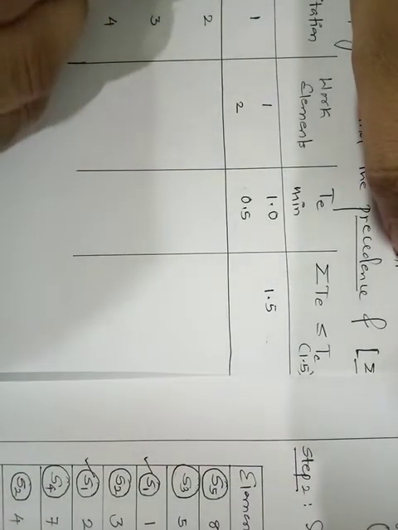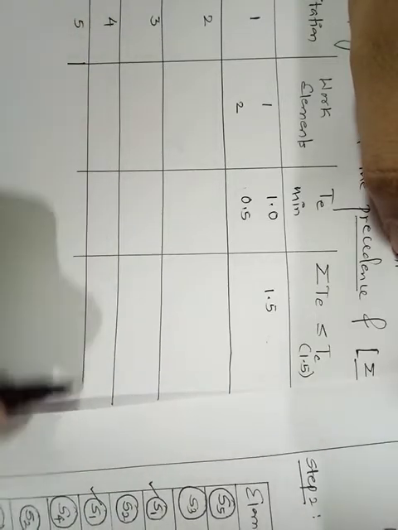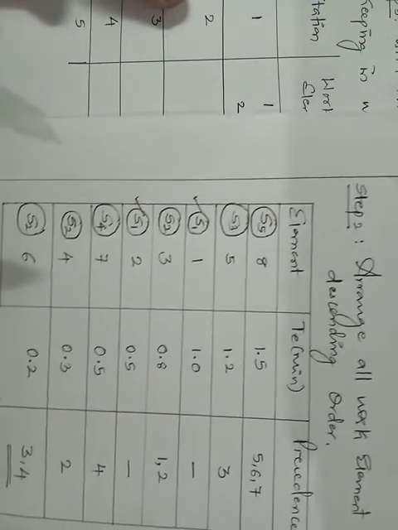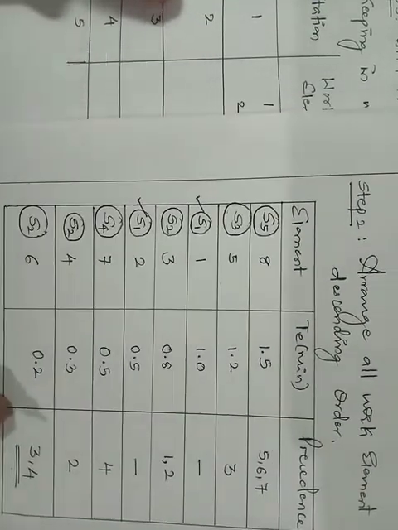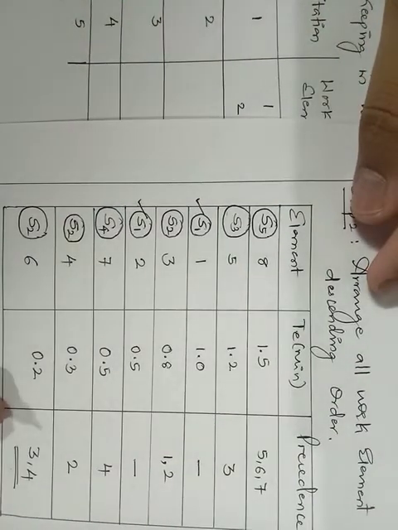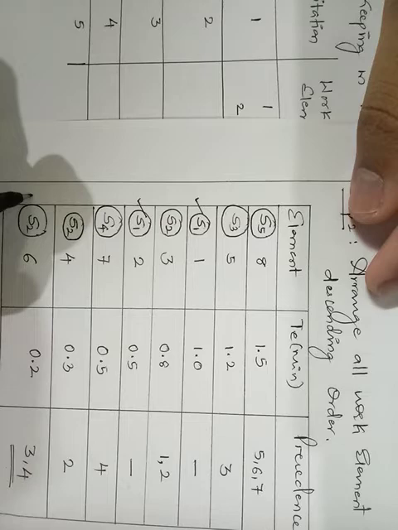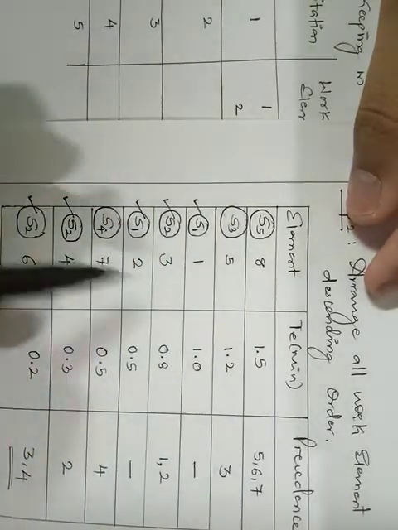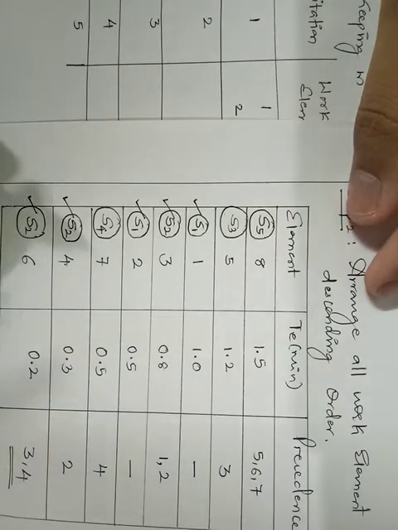Clear? Next, for station number 2. Once again you go through this. Wherever there is S2, those elements come under station number 2. So it is 3, 4 and 6.